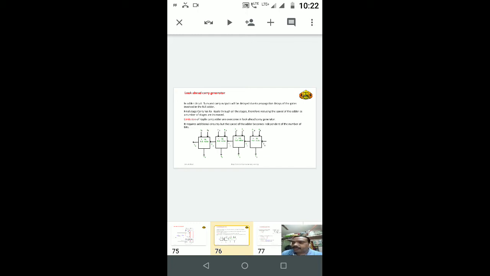These points we already covered in the previous lectures. We also covered the BCD adder, meaning if you want to perform addition between two BCD numbers, then which care you have to take.